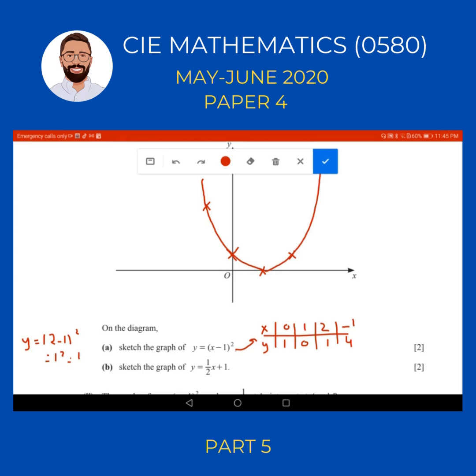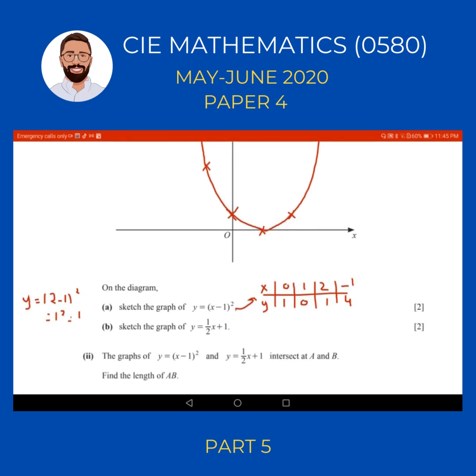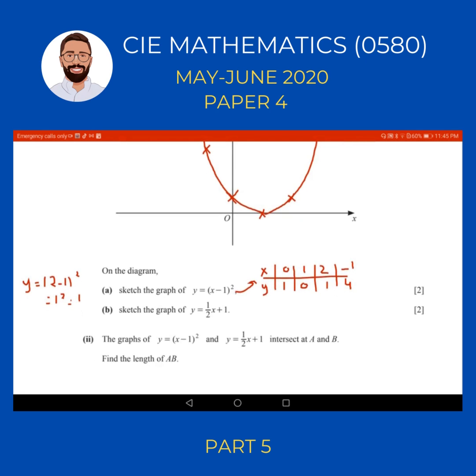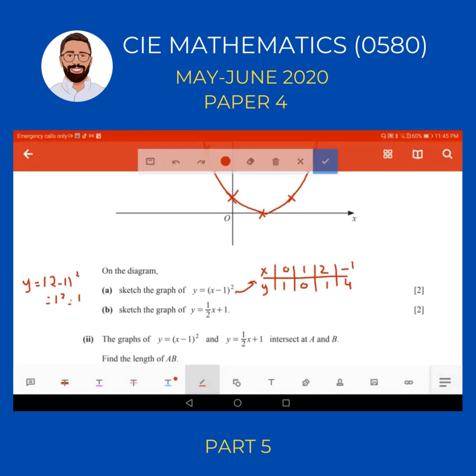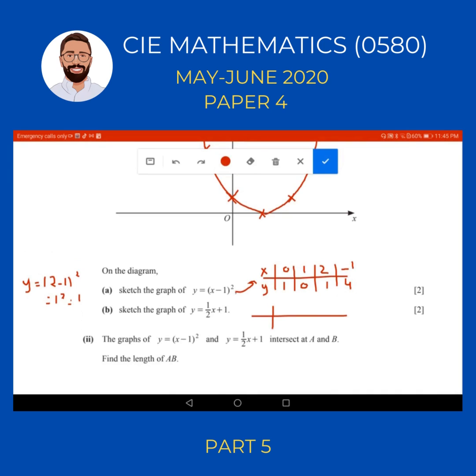Now how can we draw a sketch of the second graph, which is y equals half x plus 1? Again, let's do a table of values. So when x is 0, it's half times 0 plus 1, which is 1.